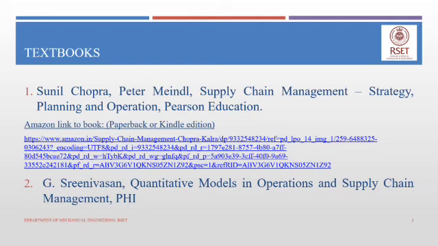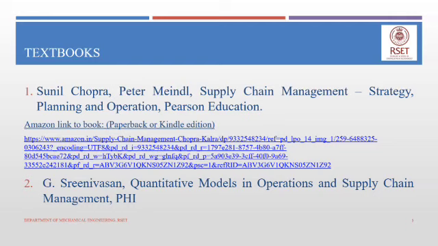Most of the examples that I will be dealing with and most of the case studies that we'll be discussing will be from this particular textbook. The Amazon link to this particular book is also given for your reference. This book can be bought in hardbound copies or e-copies as a Kindle edition.